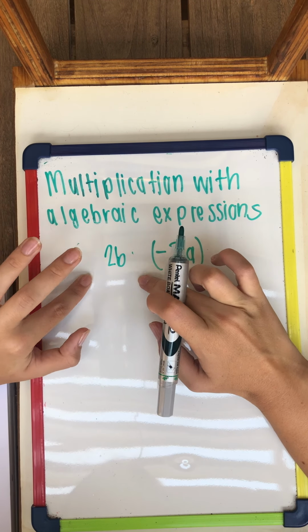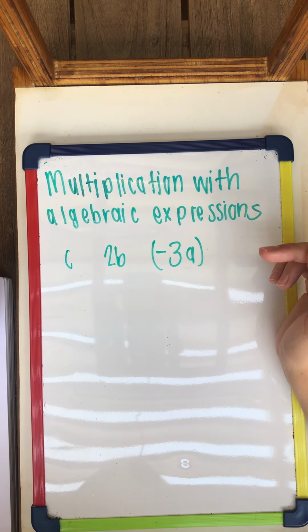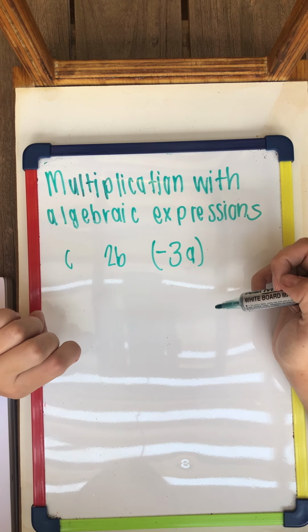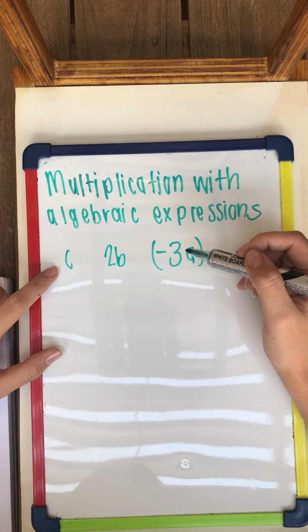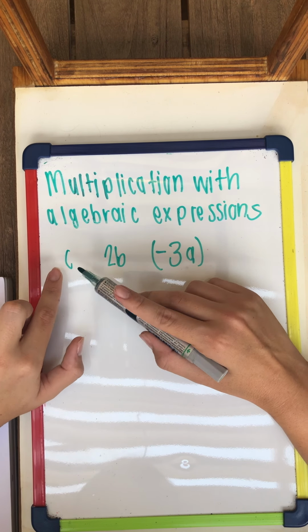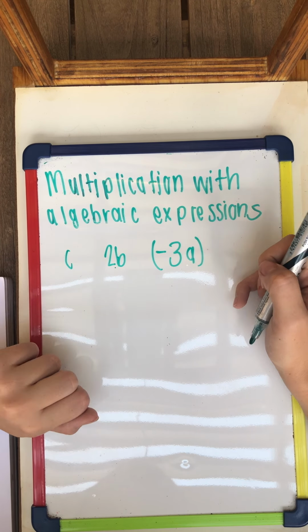So first take away your multiplication, okay, because we're simplifying the expressions. We're writing it as algebraic expression. Now I've got c2b negative 3a, okay? This isn't how you write it. So you first have to put the numbers first. But now I've got numbers before c because that's a 1. I've got a number before b and I've got a number before a.